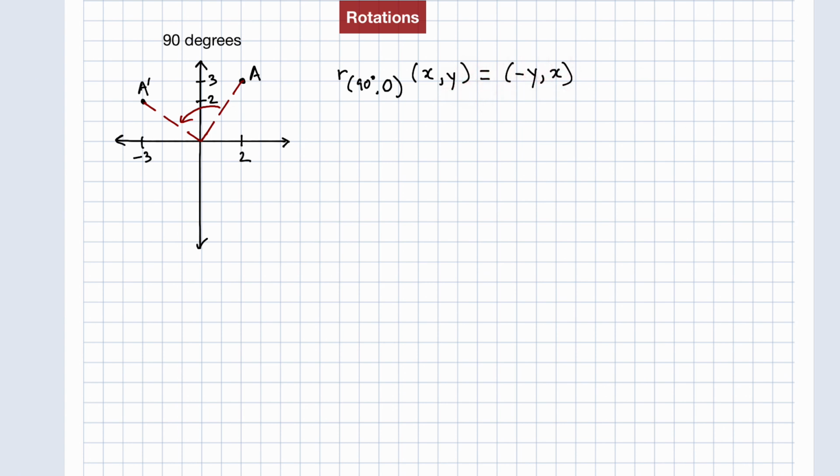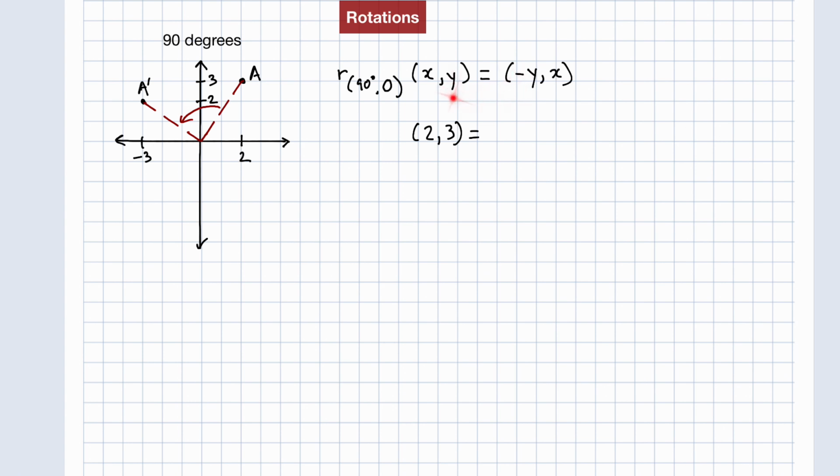Okay? So let's take a look at coordinate A. Coordinate A is at 2, 3. So we're going to go ahead and draw 2, 3. Now, following this rule, we're going to negate y.